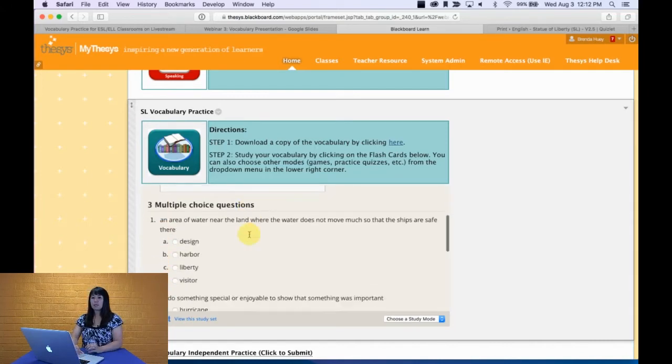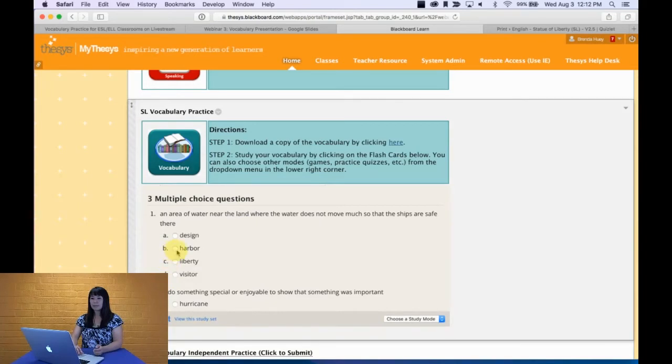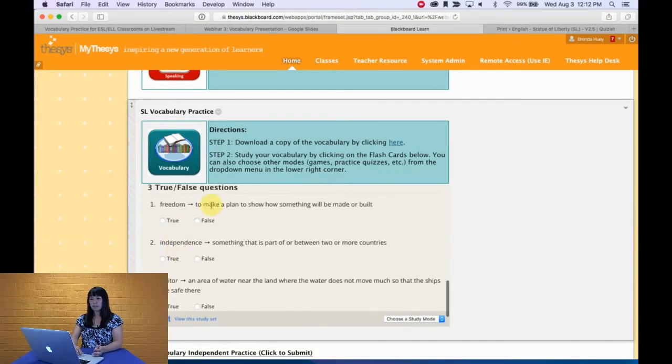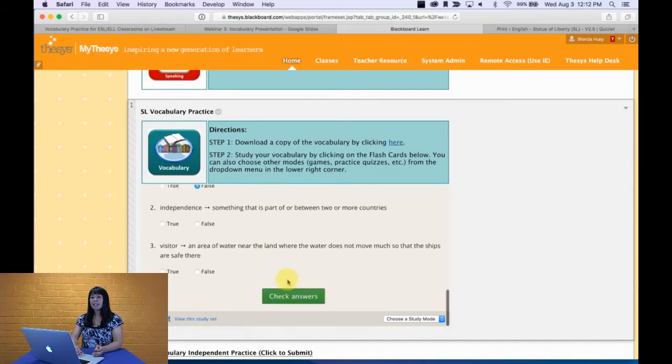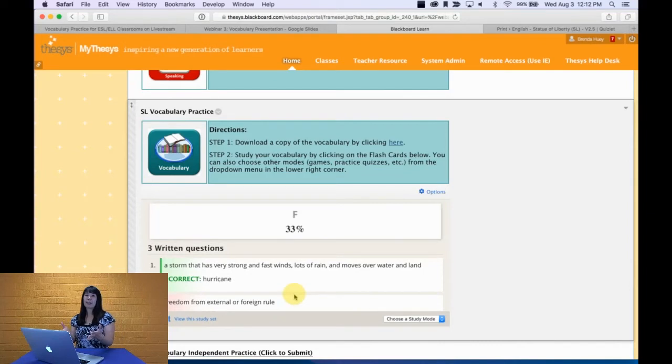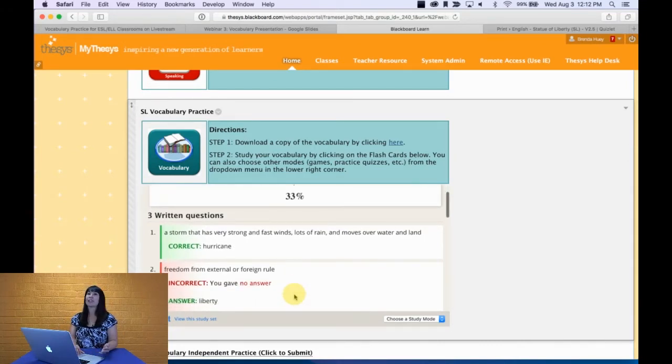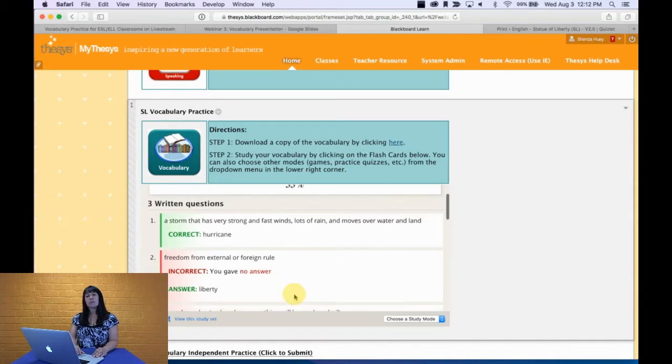They can also do multiple choice. And then also true and false. And then they can check answers. So they'll get a grade, but also feedback on what was correct and incorrect and the correct answer for that. So this is very useful for them to do self-study.